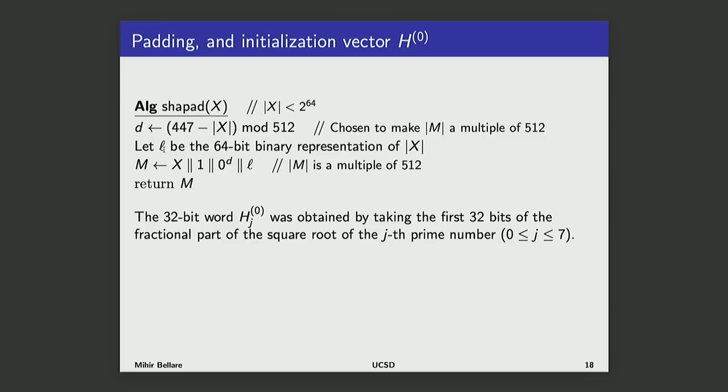So they compute the length of x in 64 bits, and they stick it here. But then the issue is that you have to make sure the length of this whole thing is a multiple of 512. And the way they do that is they stick a 1 here, and then here they just put as many zeros as it takes to bring the length of this to a multiple of 512. And it turns out you can compute that number, and this is the formula. Okay, so that tells us how padding works.